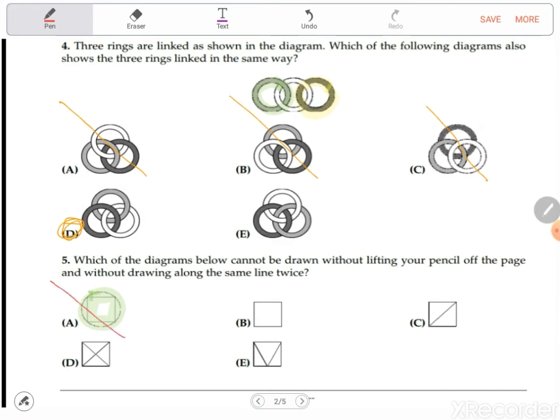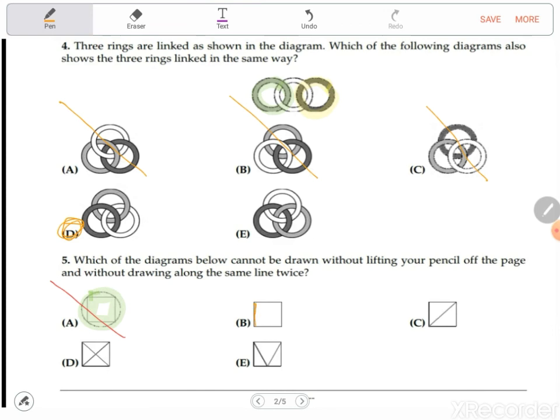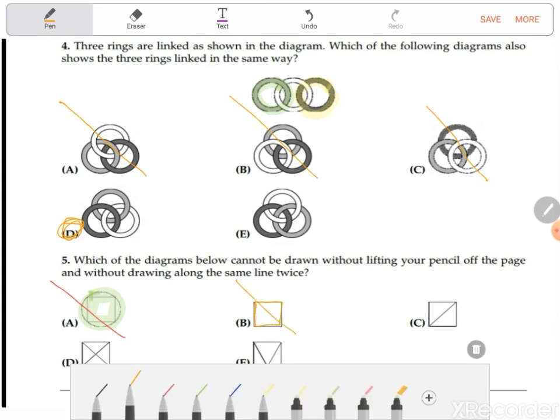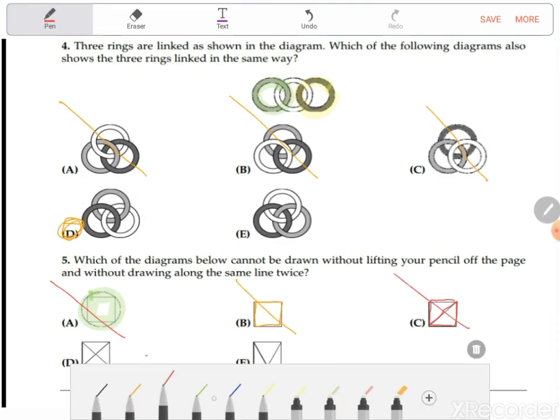So A is not the correct answer. Now for B, we can easily form a square like this, so B is also not the correct answer. Now for C, we can also form it easily like this, and that's complete. So C is also not the correct answer.